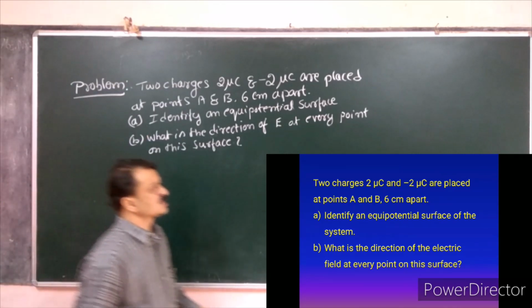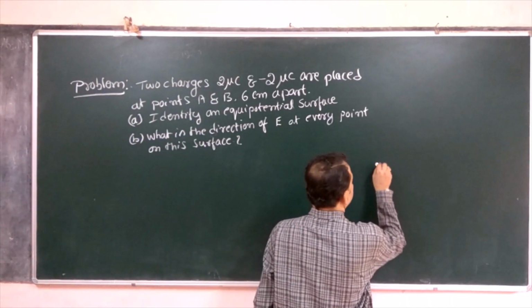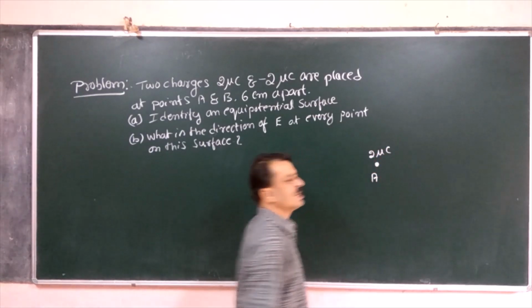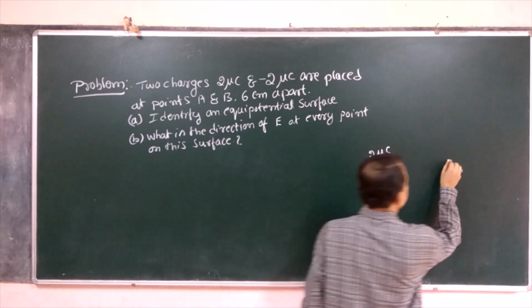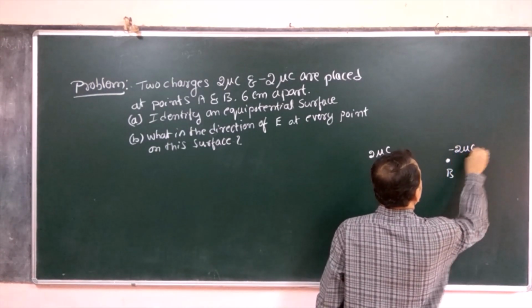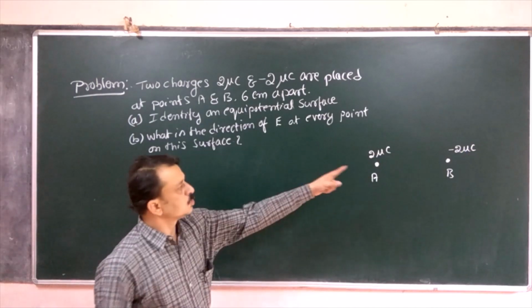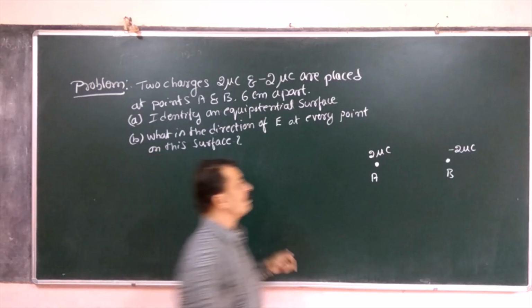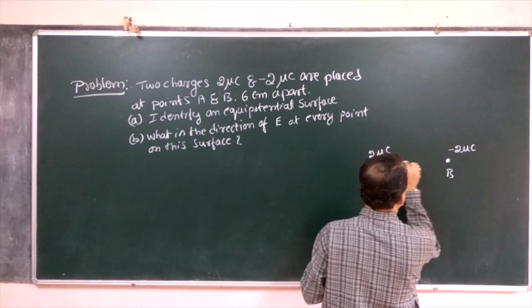They have given two charges. One is 2 microcoulomb, placed at the point A, and the other charge is placed at point B, which is minus 2 microcoulomb. Now look here, those two charges are equal in magnitude but opposite in sign.